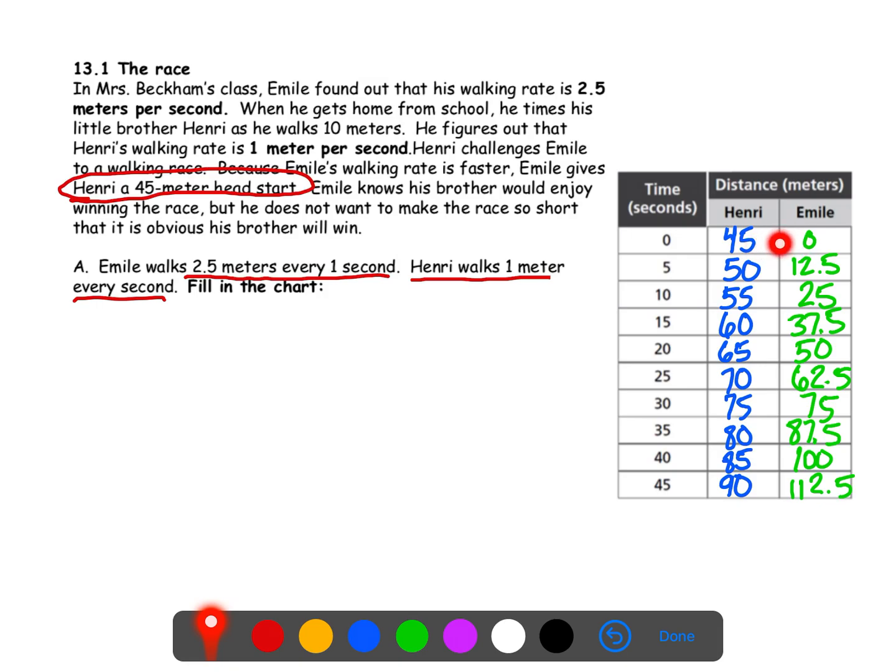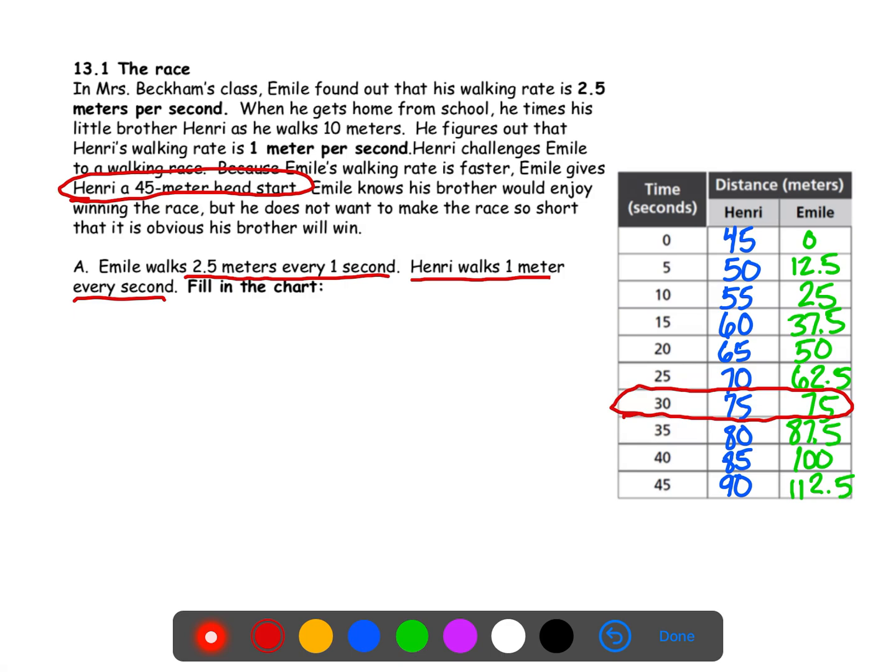Here, Henry's far ahead of Emil, but slowly Emil's going to be catching up to him. Here, their numbers are much closer, their distance from the starting line, because Emil's traveling faster. So we get closer, and then here is a really, really important point. At 30 seconds time, they have the same distance. Now think about what that would mean in a race.